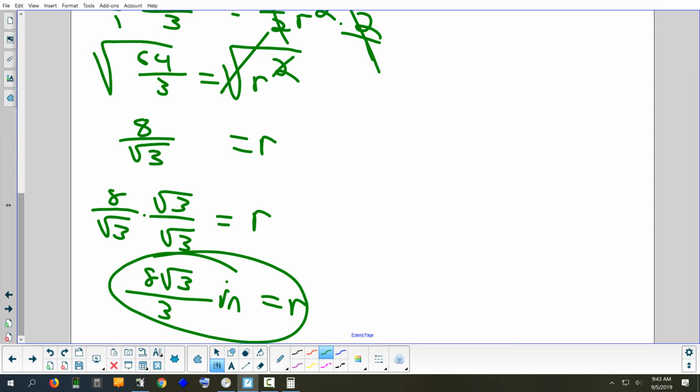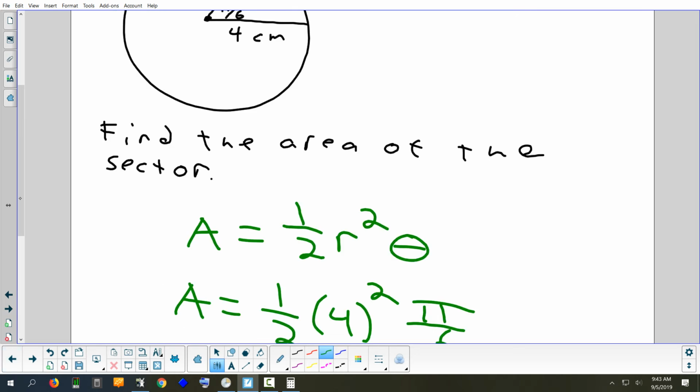Any question on that one? So that's probably the longest type. Any questions? We just did R, we did A. Is there any question how you would solve for theta?